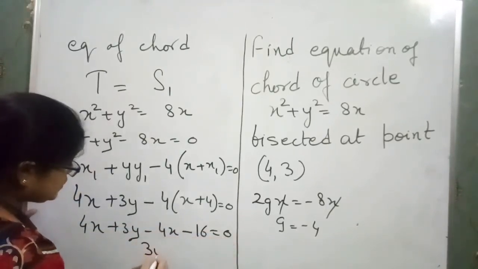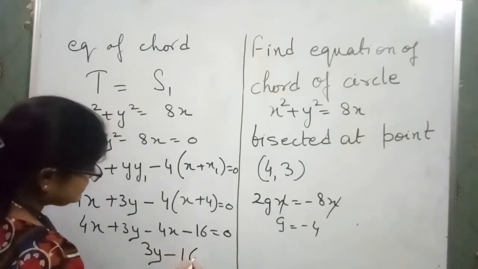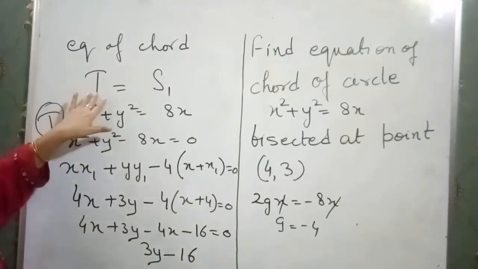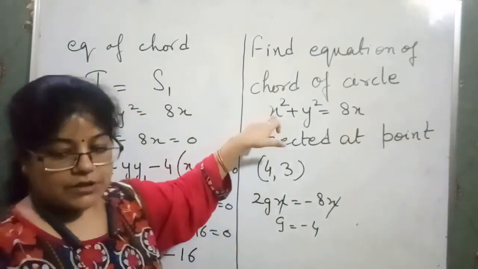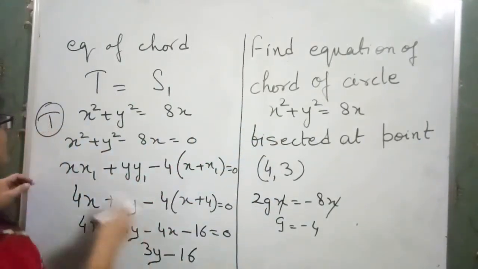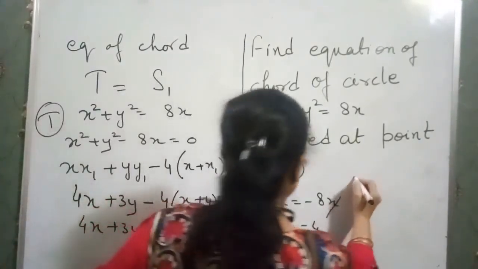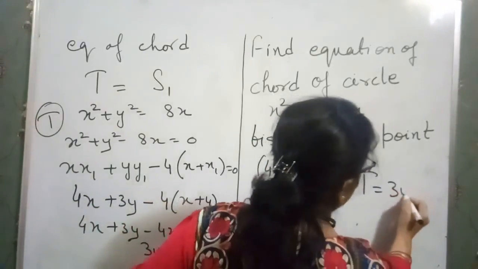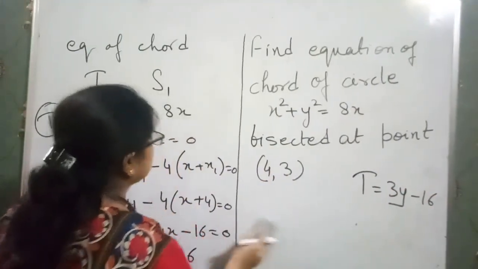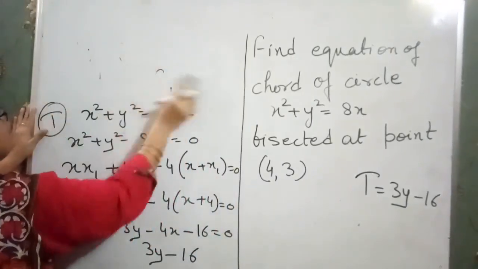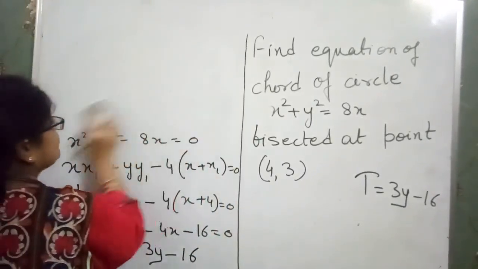So we have the equation of tangent 3y minus 16. Now this must be equal to S1. That means we have to put these values in the equation of the circle in order to find S1. So now the equation of tangent here is 3y minus 16. Clear? Now we have to find the equation of chord, which is T is equal to S1.